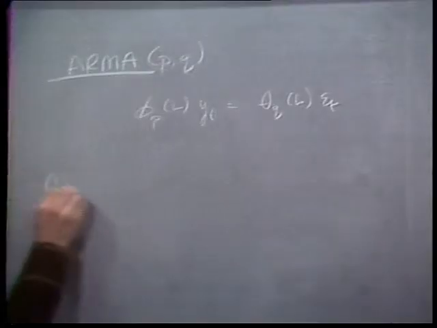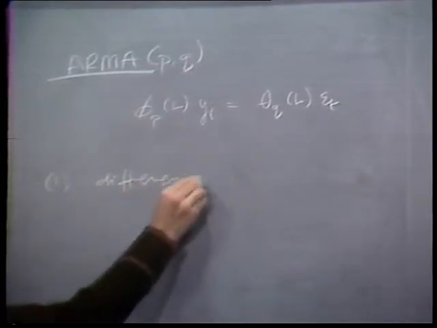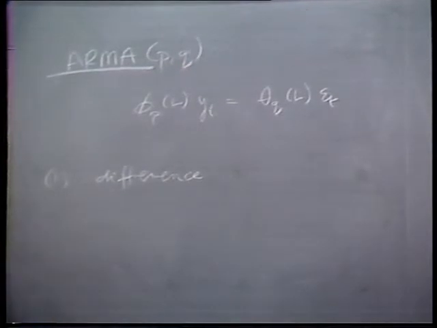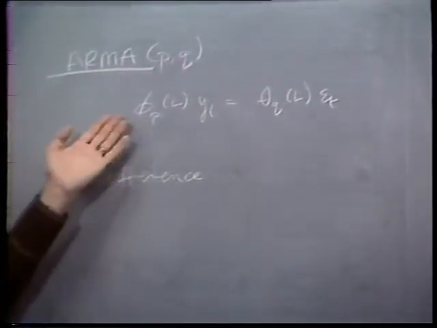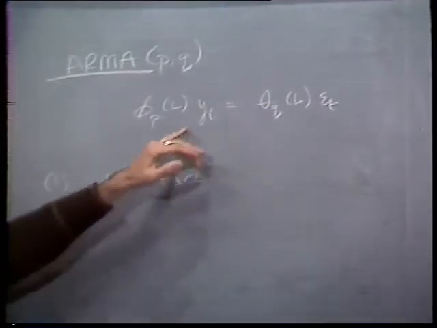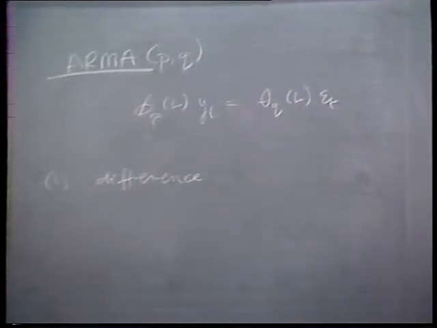The first stage would be to difference the variable y t to ensure that it's stationary. The reason being that the statistical theory for testing and for the properties of estimators is for stationary stochastic processes, so that if we have a variable which is clearly non-stationary, we would be suspicious of the test statistics that we might use.